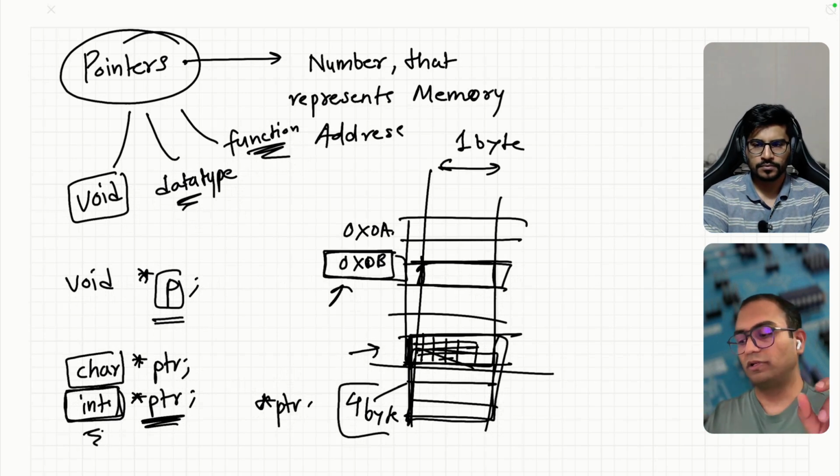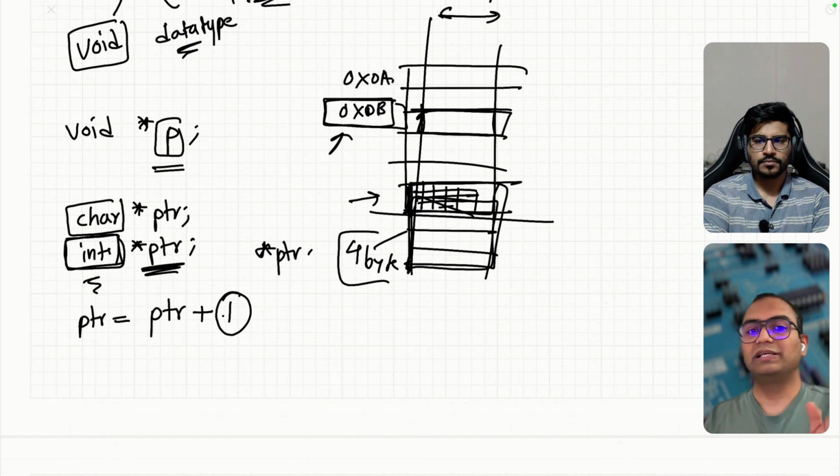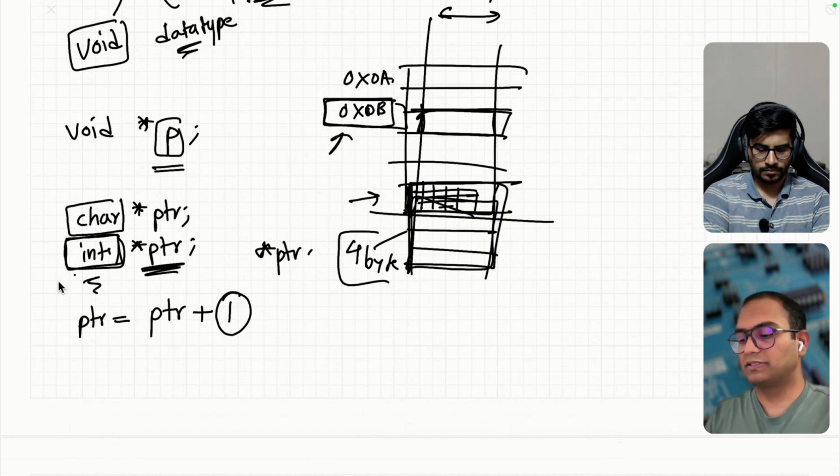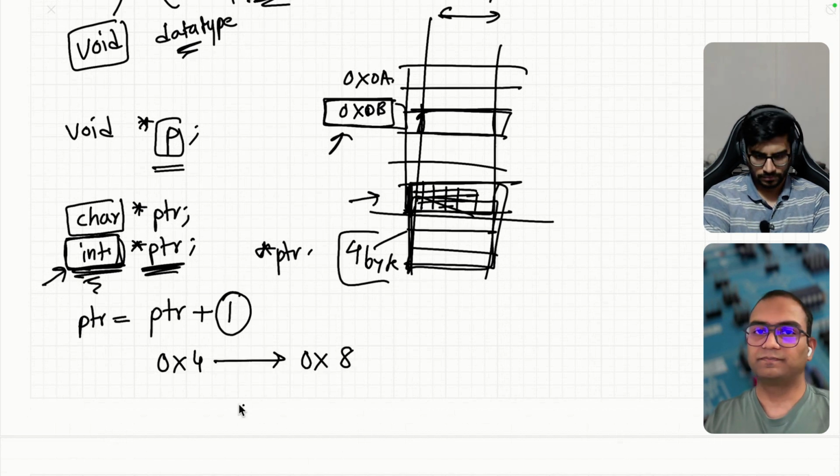Not only that, when we do something like PTR plus 1, this 1 essentially means increment by the size of the data type. So when PTR is an int pointer, it will go from, say, 0x4, if that was the initial value, to 0x8.